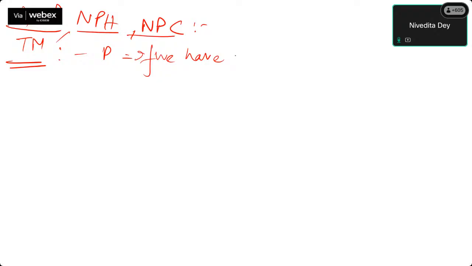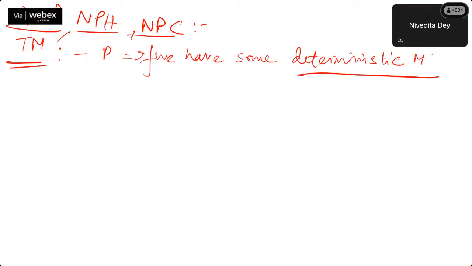So if we have some deterministic machine, what do I mean by this? Right now you should be knowing that, but just for your information, whatever machine we have, they are deterministic in nature by default. Whatever laptop, desktop, whatever we have, they work on the principles of deterministic logic.